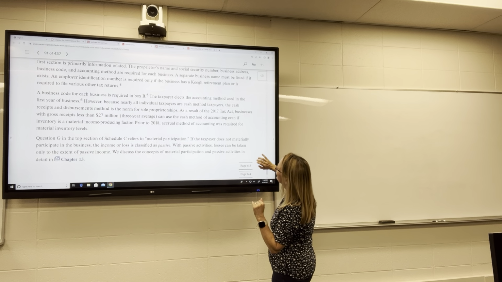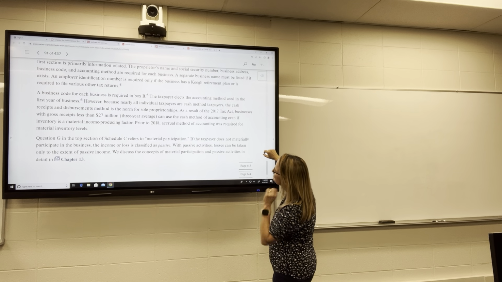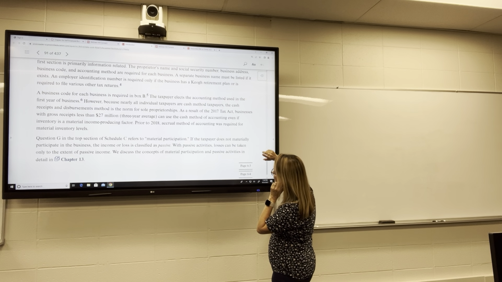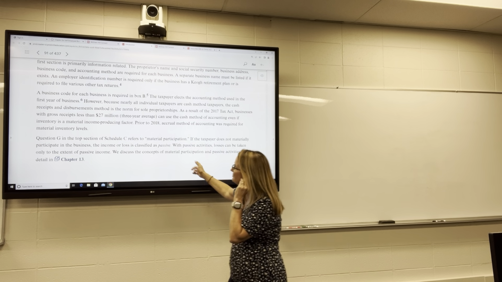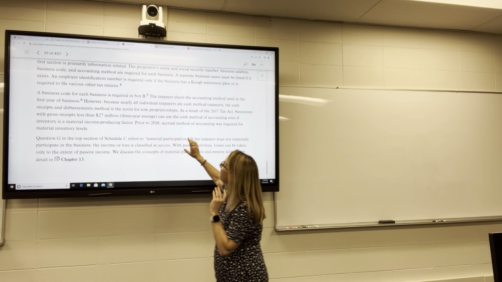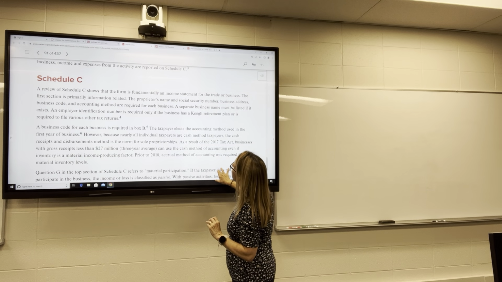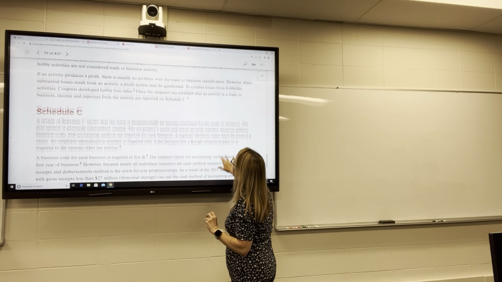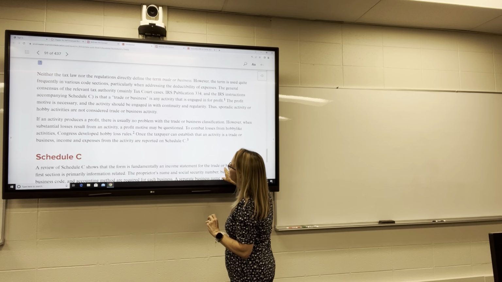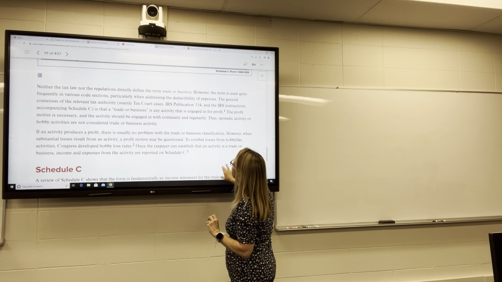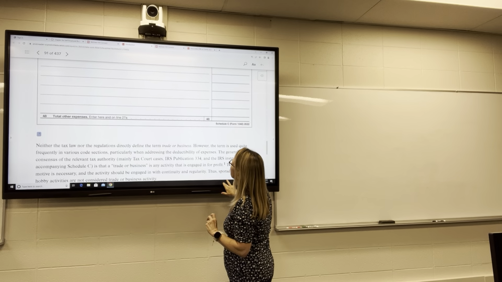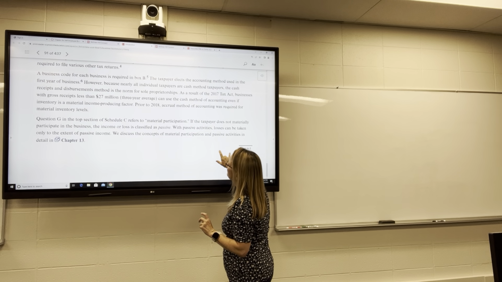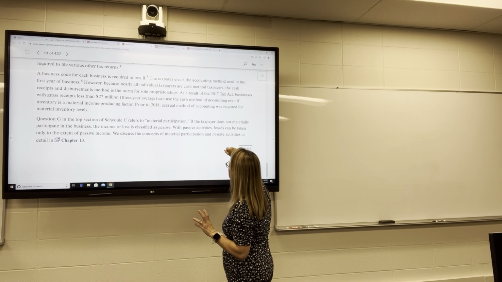Okay, yep. So businesses with gross receipts less than 27 million over a 3-year average can use the cash method of accounting, even if inventory is a material income producing factor. They redid the wording on that.